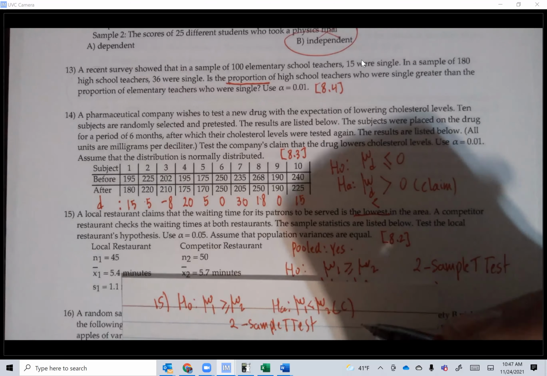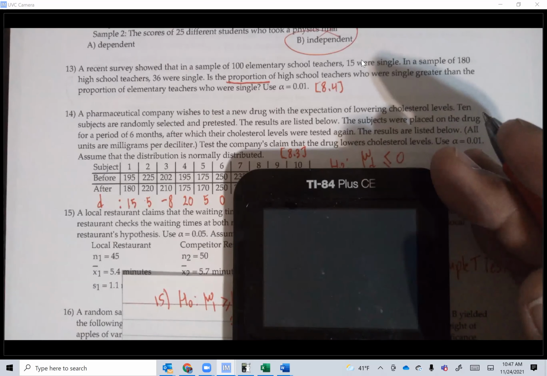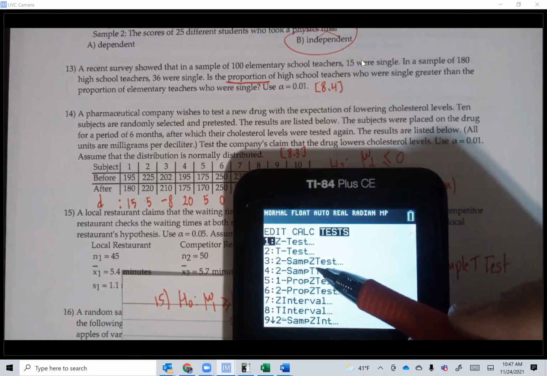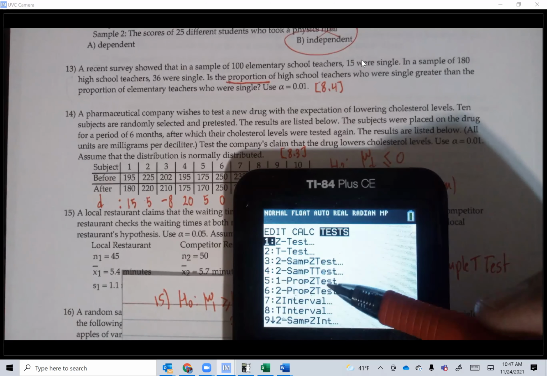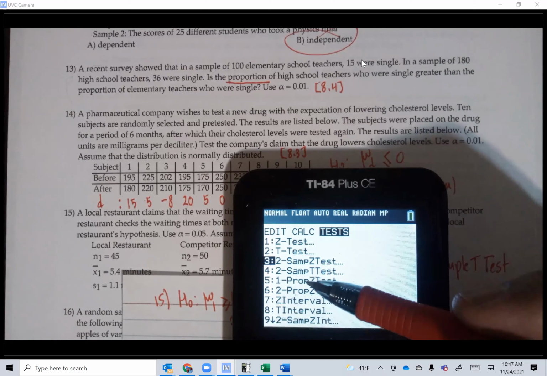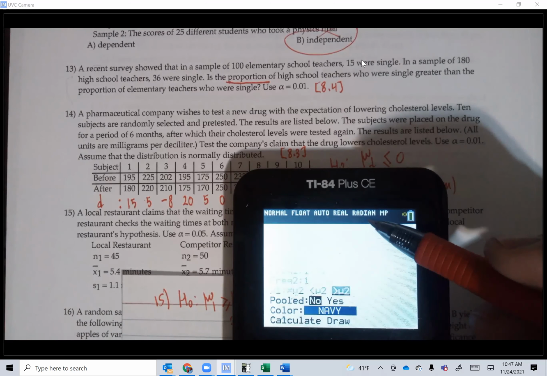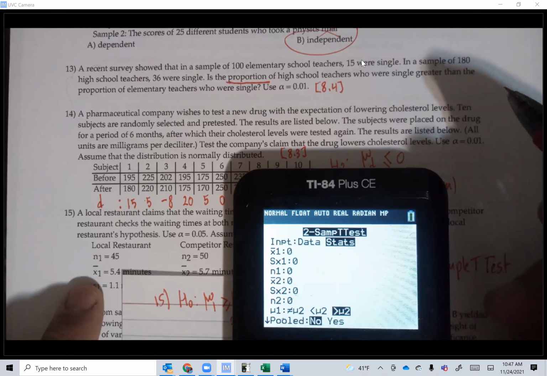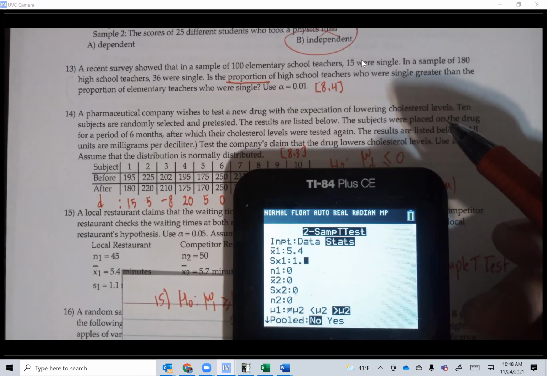Let's run the test, guys. Stat. When it is about the mean, in chapter 8, it's either number 3 or number 4. That's it. If it is about the proportion, it's number 6. Okay, not data. I have summary here, guys. X1 bar. Look, just copy what you see here. 5.4. S1, 1.1.